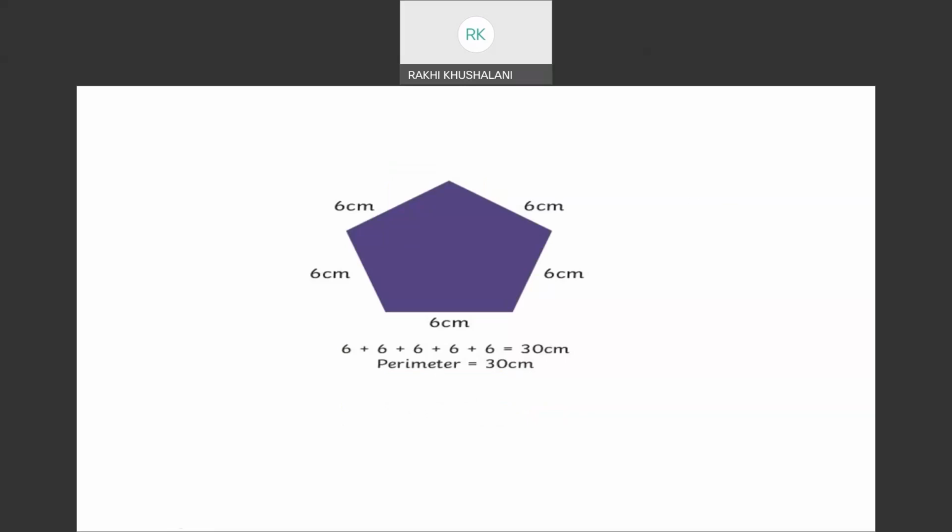Now this hexagon is having all sides as, sorry, it's not a hexagon, it's a pentagon. All sides as 6 centimeters. So this would be called a regular pentagon, which has got all sides of the same length, and it is 6 centimeters. So 6 into 5 can be done, or add 6 five times. So you get 30 centimeter as the perimeter of this particular pentagon.